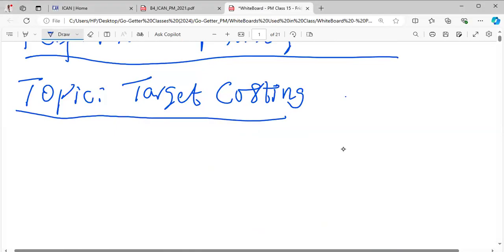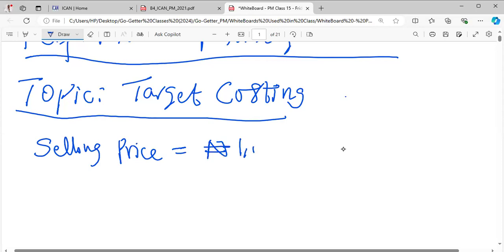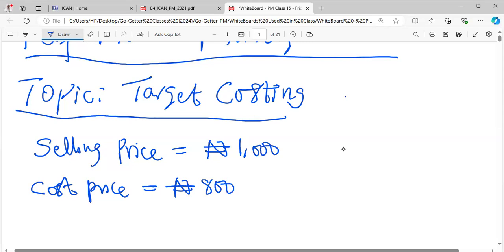Let's try an example now. Let's say this is the selling price, 1,000 naira. Then your cost price, let's say this is 800 naira, right?